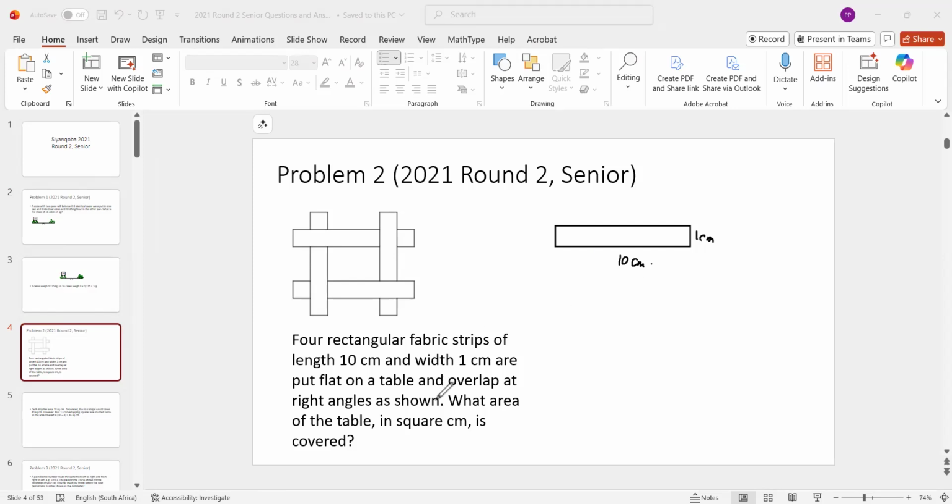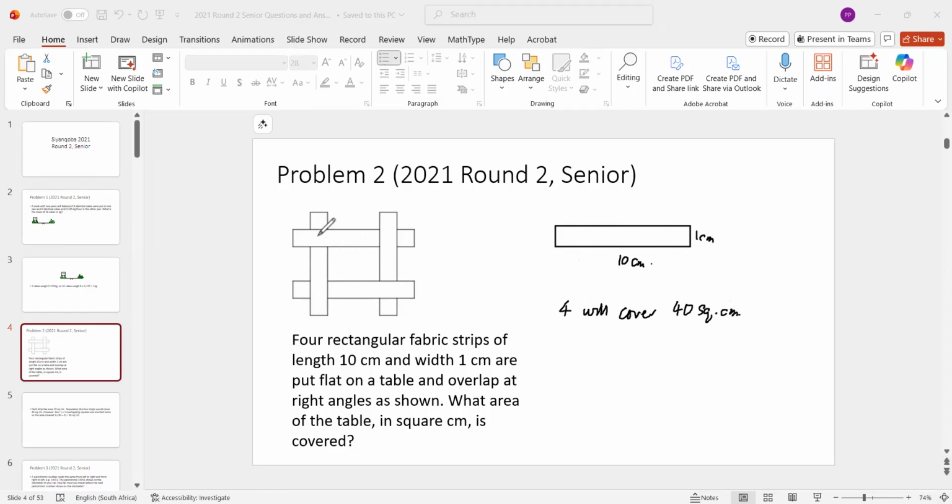The question is, what is the area of the table in square centimeters that is covered? Each one covers 10 square centimeters, 10 times 1. So 4 would cover 40 square centimeters.